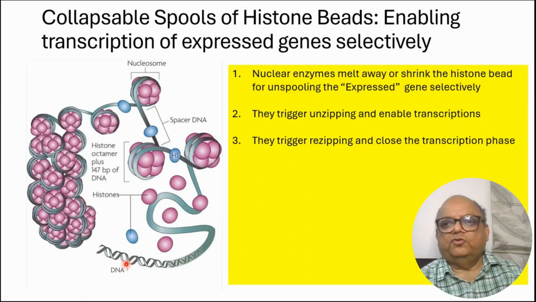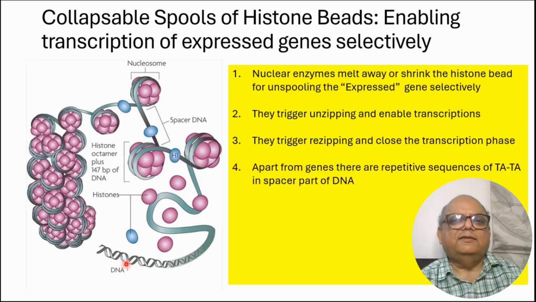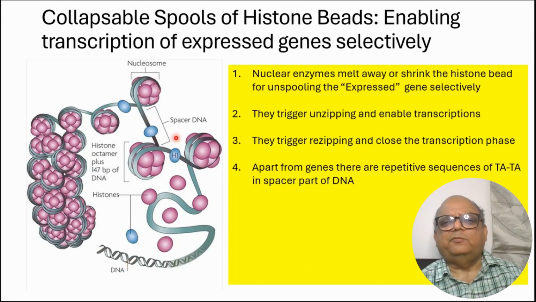Okay. So apart from genes, there are some sections in between, like spacer DNA, so called, where often you find meaningless seeming sequence of TA repeated. Now, what do these meaningless codes mean?